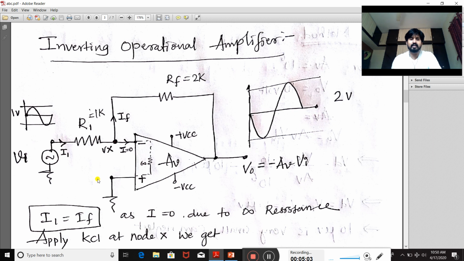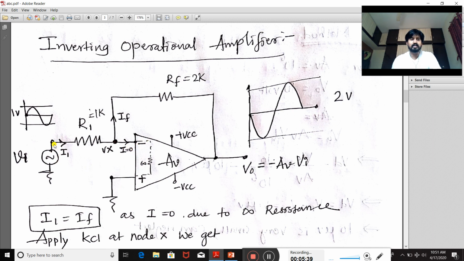When this terminal is 0, then this terminal is also virtually short circuited, or virtually grounded, hence this voltage or potential is also 0, acting as a virtual ground. Because of that, the current flowing through this terminal is 0. That is one of the reasons. Another reason is that the input impedance is very high, in terms of infinite, so the current flowing through this is 0.